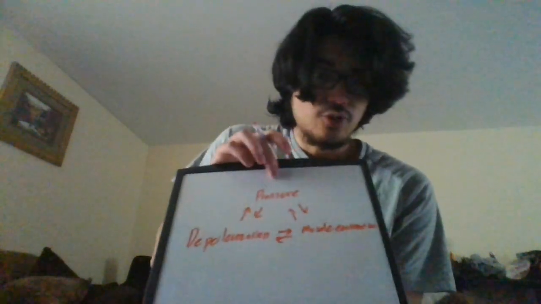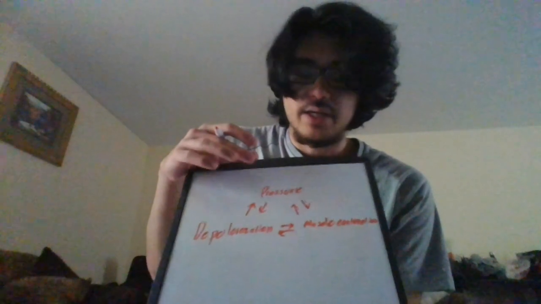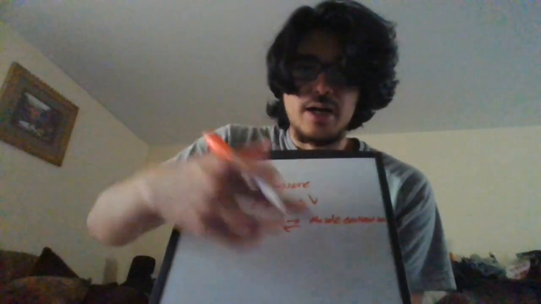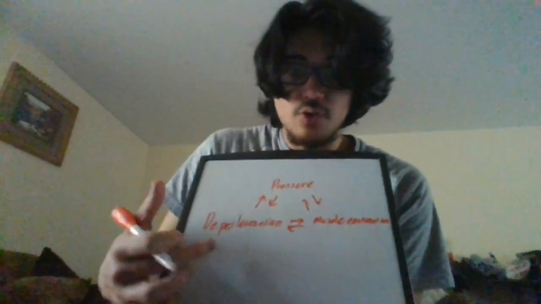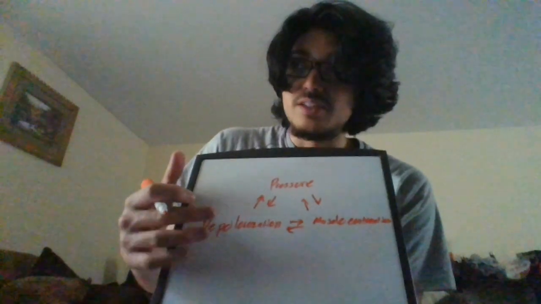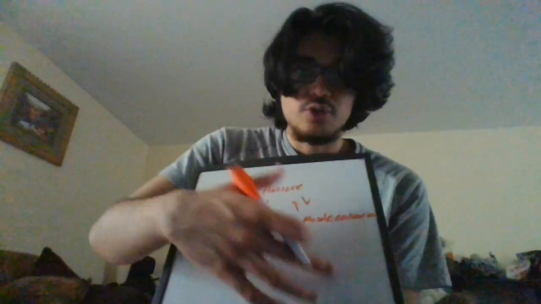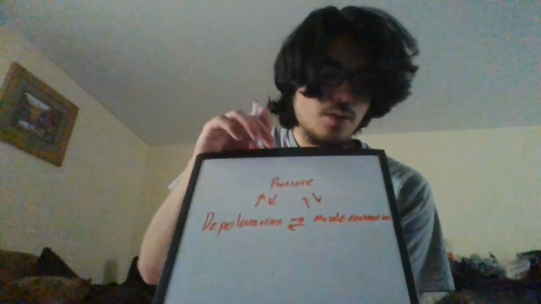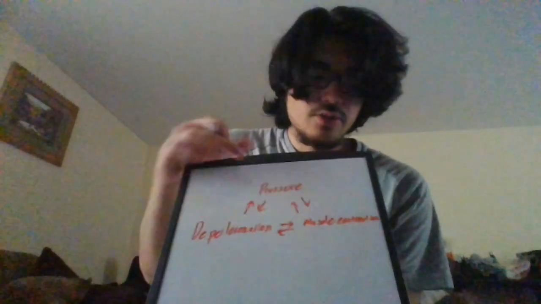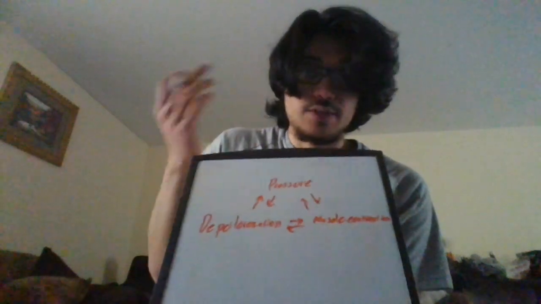There's a lot of different drugs that affect pressure, and of course, one way we can affect pressure is by either affecting muscle contractions or affecting depolarizations. So it's basically all of these two drugs would also affect this. But we also have some of its own drugs, like vasodilators, diuretics, or vasopressors.